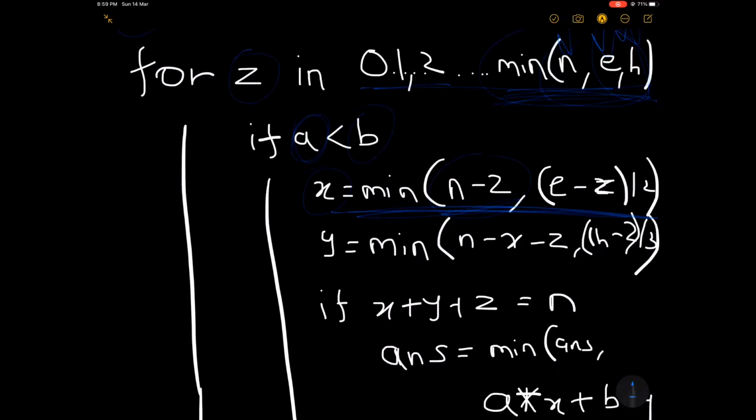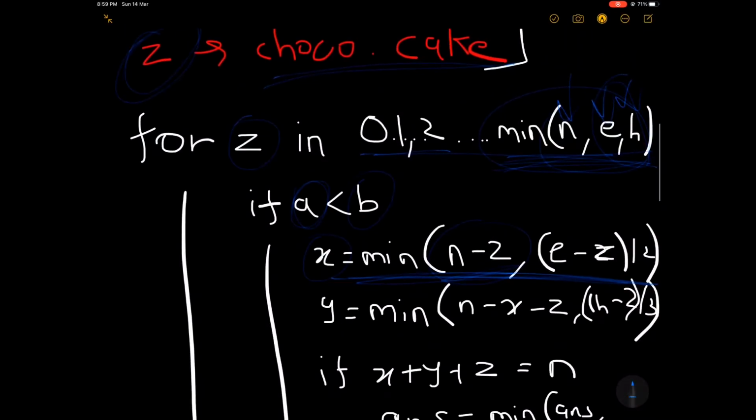What is this n minus z? The number of people left is n minus z. So if z is 0, we can take up to n minus z people for x.